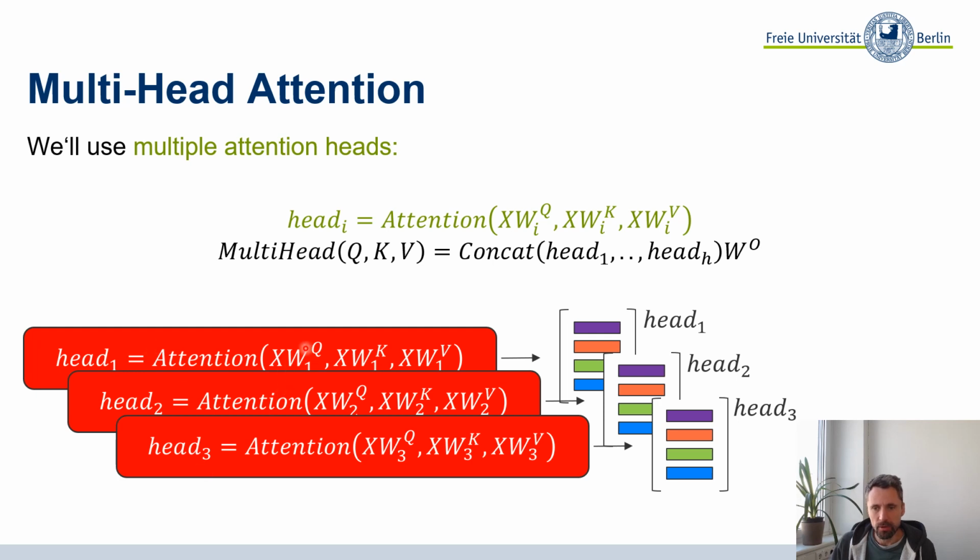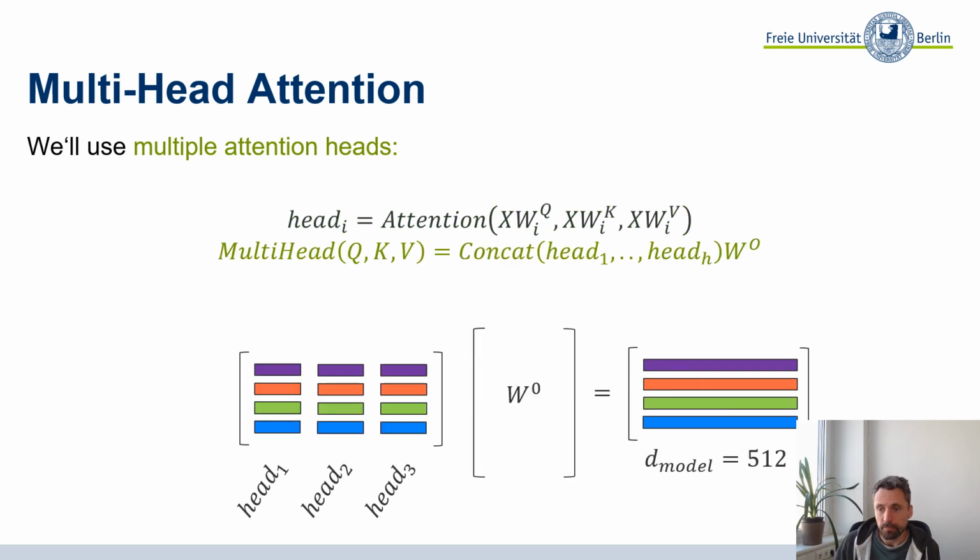8 times, right? So the input is projected 8 different times and in 8 different ways with 8 different weight matrices to Q, K, and V for the different attention heads, right? And these outputs, these heads, are then combined in such a way that we first concatenate each of these heads.